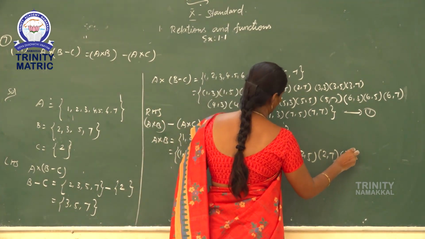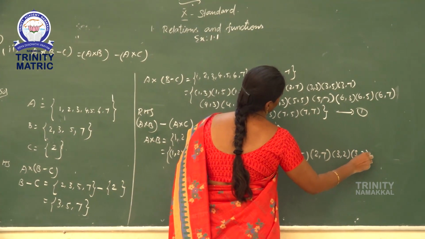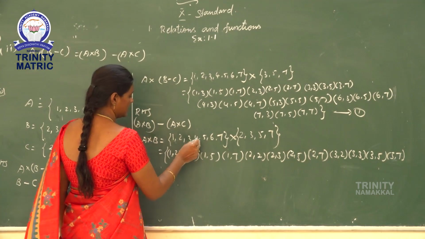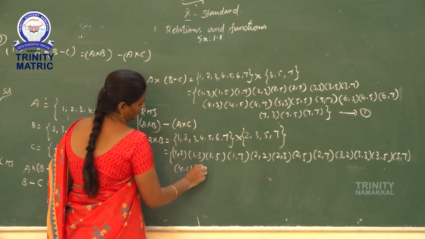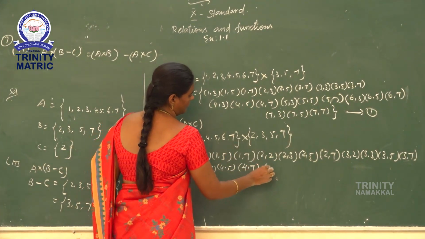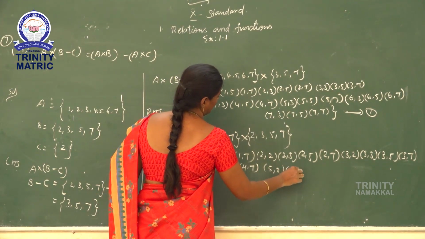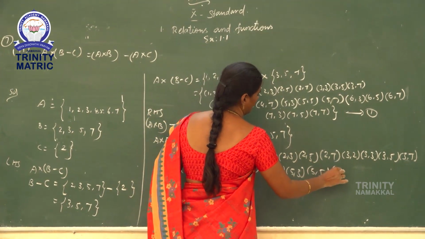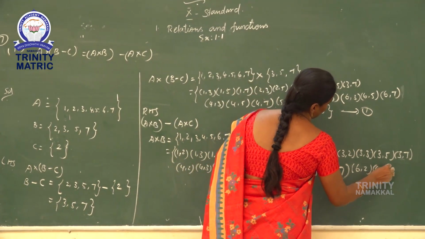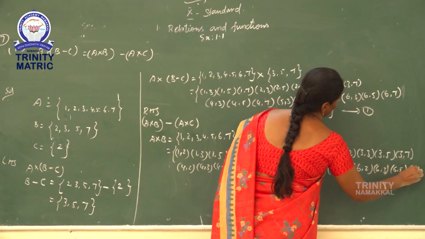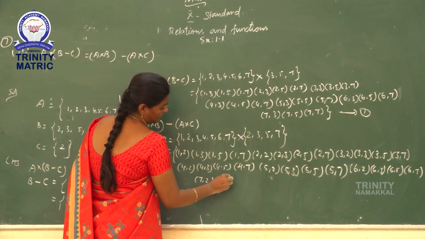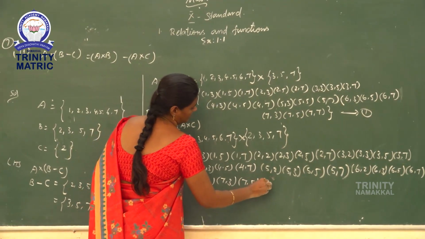Then we take (3,2), (3,3), (3,5), (3,7). Next (4,2), (4,3), (4,5), (4,7). Next (5,2), (5,3), (5,5), (5,7). Next we take (6,2), (6,3), (6,5), (6,7). Next we take (7,2), (7,3), (7,5), (7,7).